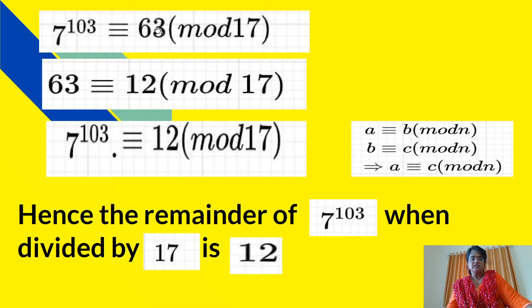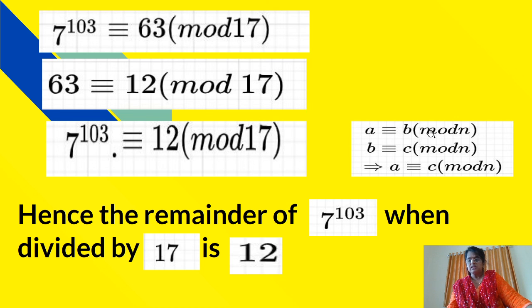If we divide this 63 by this 17, then we can write the equation as 63 is congruent to 12 mod 17. Then from these two equations, we can write 7^103 is congruent to 12 mod 17.